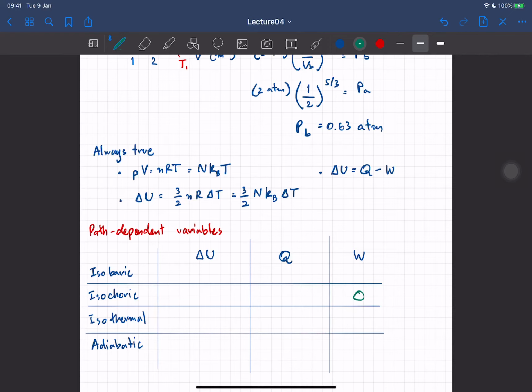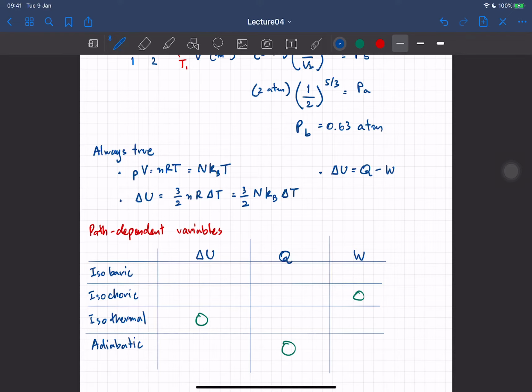That's easy. Isothermal, temperature is constant. So delta T is 0, means delta U is 0. Adiabatic process, Q is 0 by definition. So we can write it down like this. That's almost half the work already.